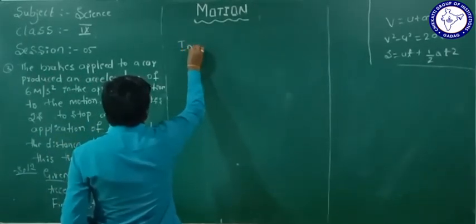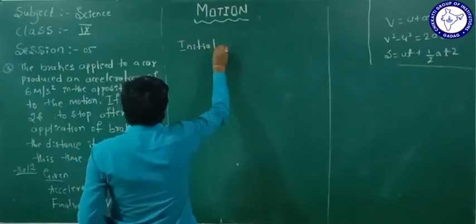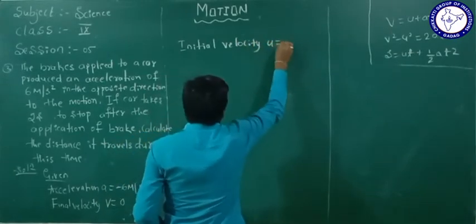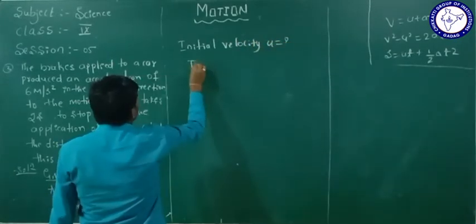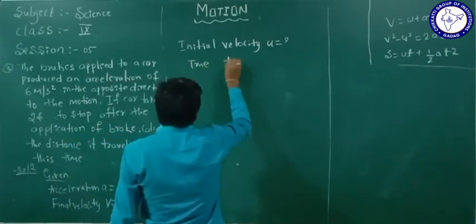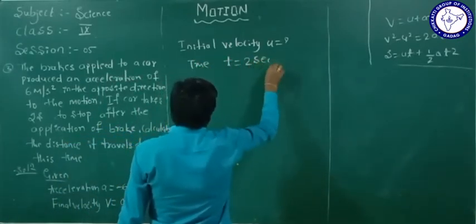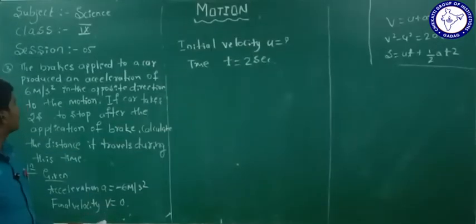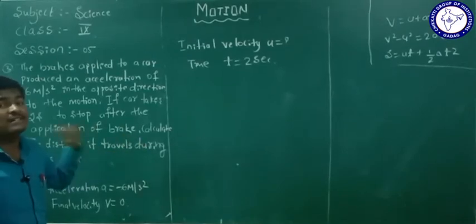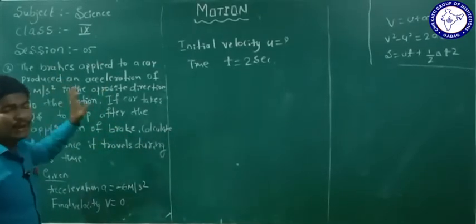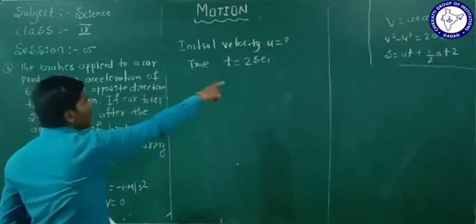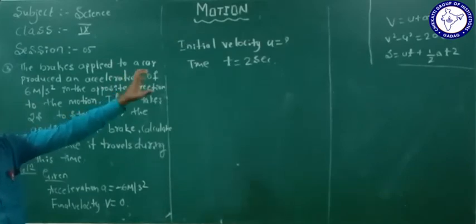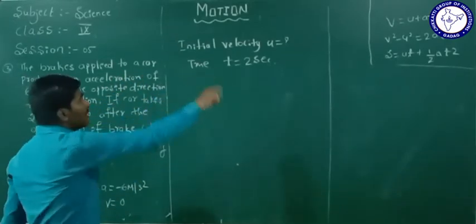And they give the time, T is equal to 2 seconds. Okay, first we have to calculate U here, and without calculating U, it is not easy to calculate the total distance. So we have to calculate the initial velocity.